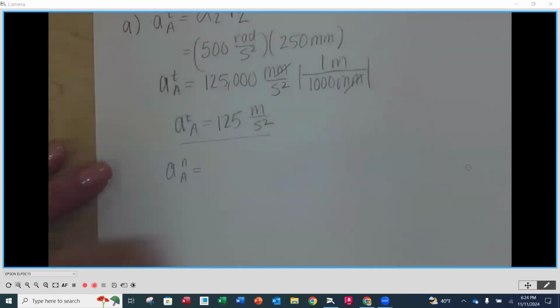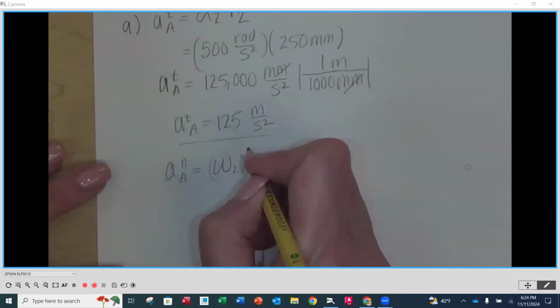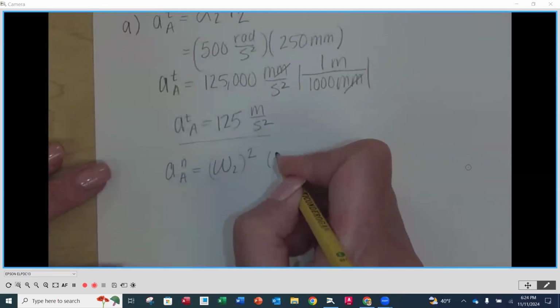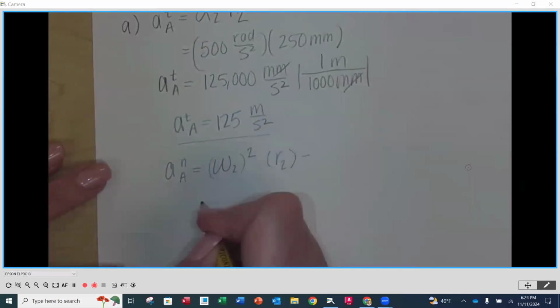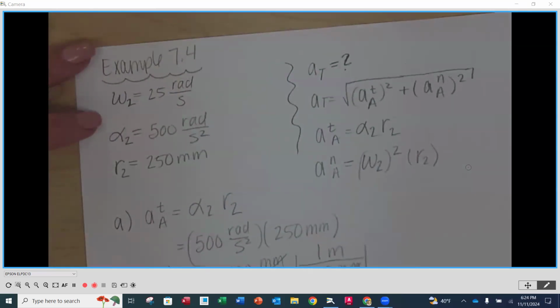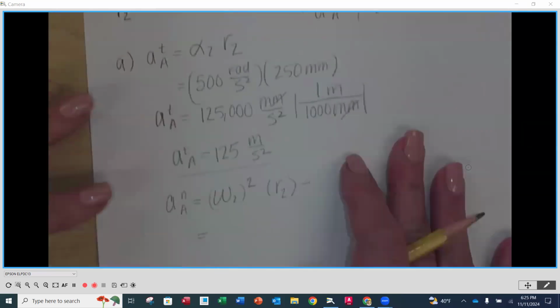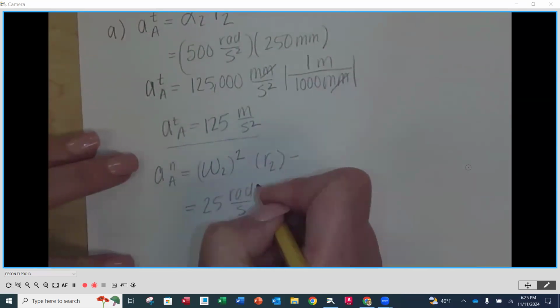So the normal at A is going to be equal to our W2 squared times the radius of link number 2, or the length of link number 2. If we look back up here, they gave us the angular velocity of link number 2 at 25 radians per second.